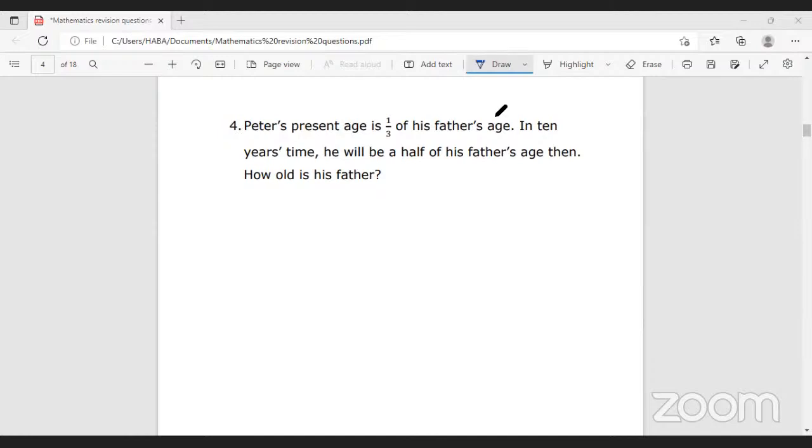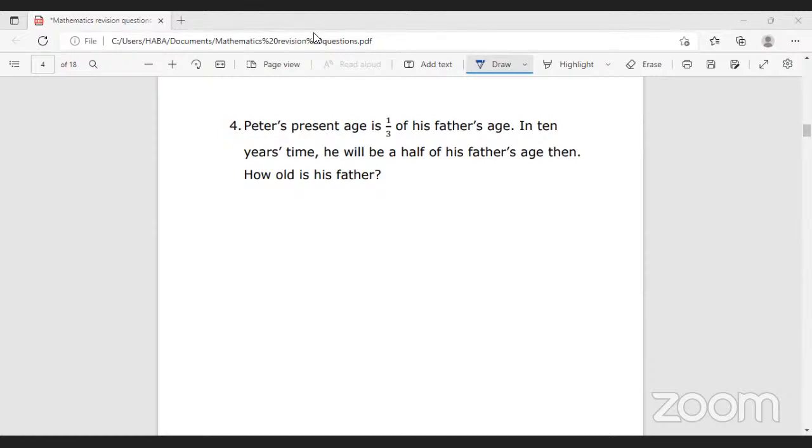So number 4, we have that Peter's present age is 1 over 3 of his father's age. In 10 years' time, he will be a half of his father's age. Then we're asking how old is the father.